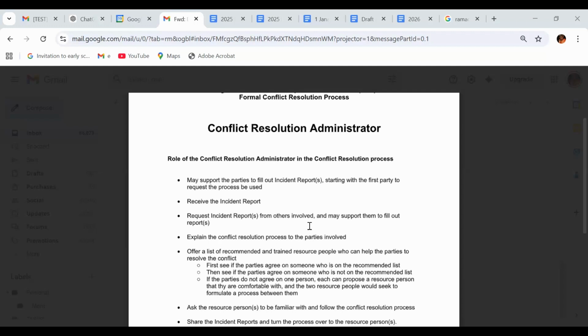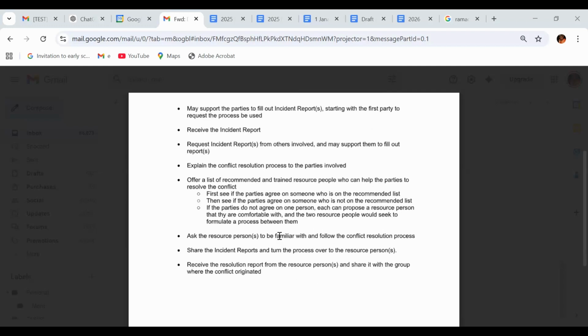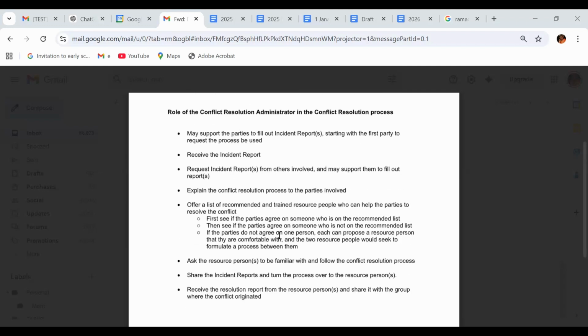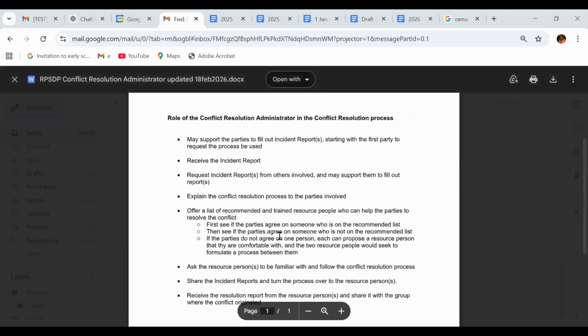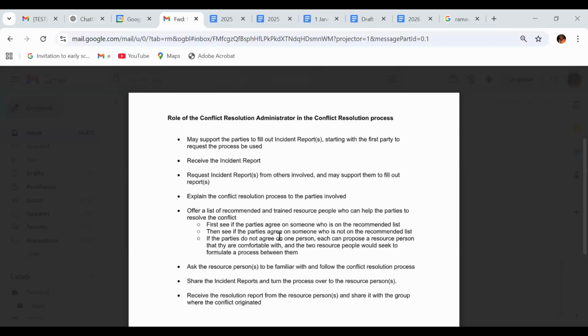And then the actual content of the process, we decided to use a more general term than mediator, which we called resource person, because sometimes they may not want a process that is exactly mediation. So it's a little bit more flexible in that sense. But just to begin with, people would generally understand this as mediation. So once those steps have been done to set up the process, then the conflict resolution administrator is not really involved.